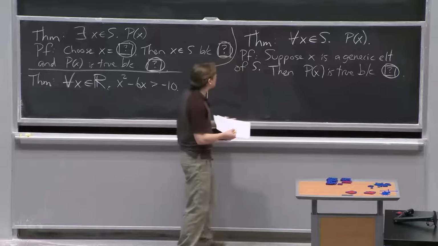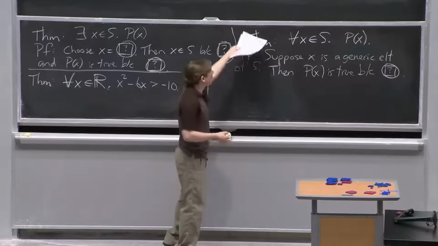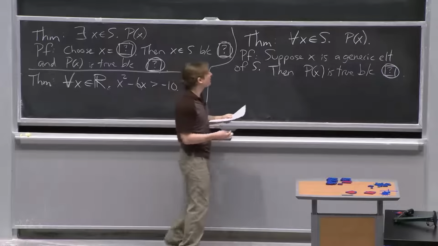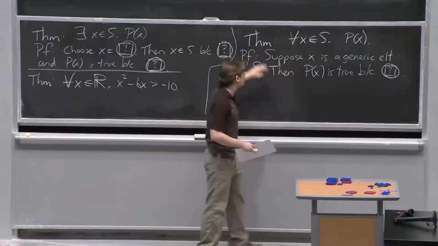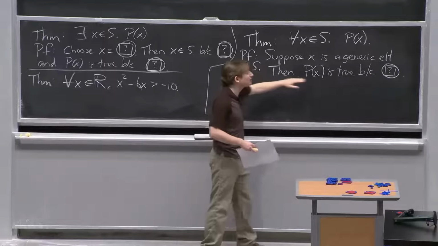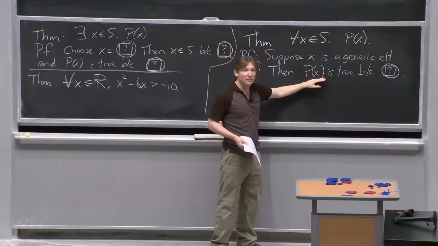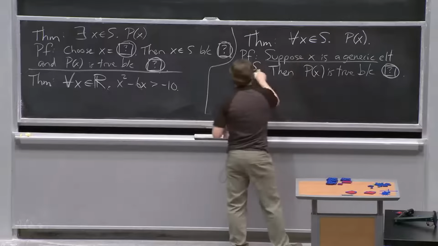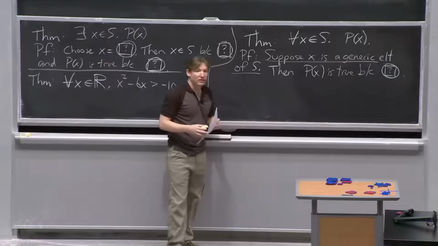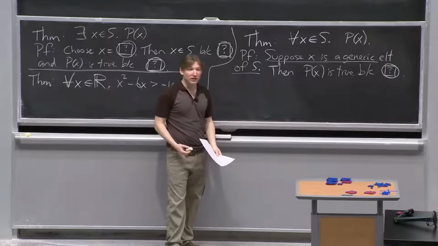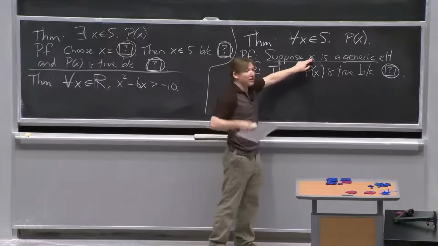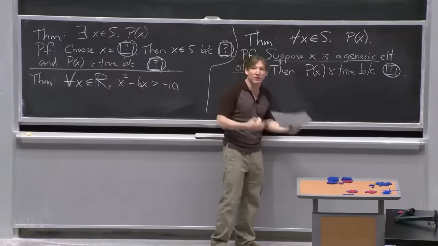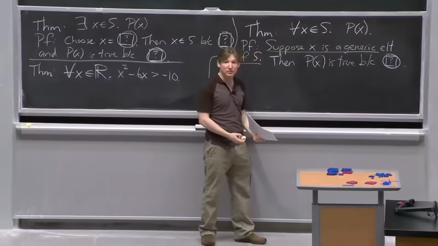These might look very similar to you, and they are. This says everything in S has this thing. This says a generic thing in S has this property. The difference is that suppose x is a generic element of S, or however you want to phrase that, makes it concrete. It gives us a particular x to talk about.